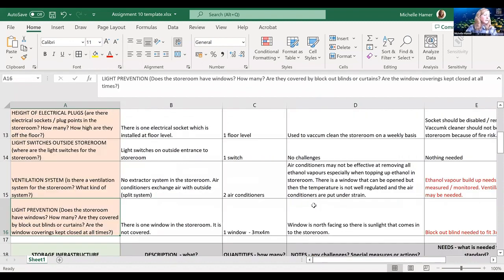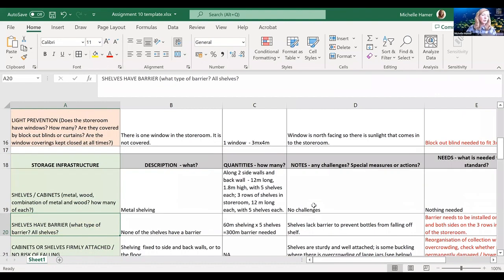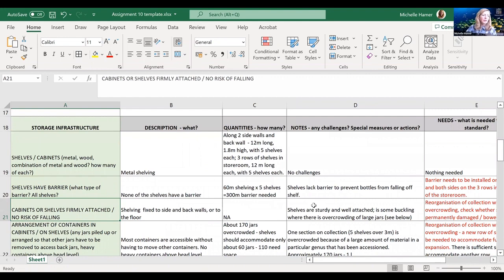Okay, then the shelves and whether they have a barrier. We did that in the storage assignment, but you can go back and check and see if there's any detail that can be added. And then, is there any overcrowding or any of the shelves bending from having heavy weight?